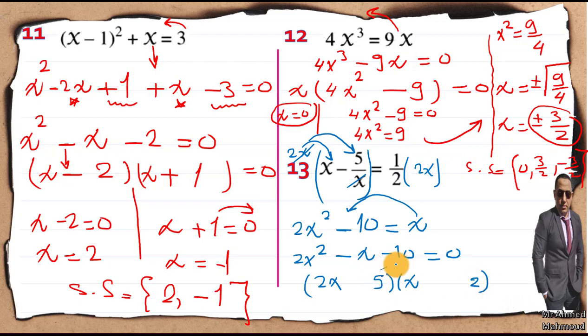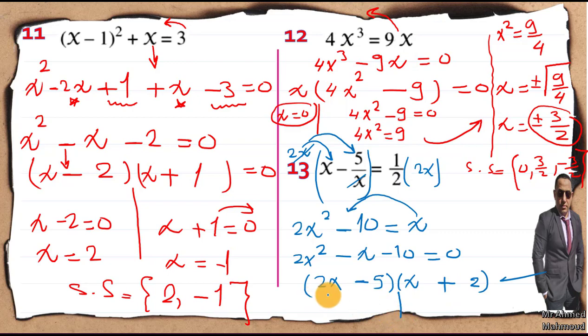And check: 5 times x equals 5x, and 2 times 2 equals 4. 5 minus 4 equals 1, so this is the correct choice. Now this sign is negative, so I'm going to send this sign to the greater. The greater is 5x, so this is minus and this is plus.